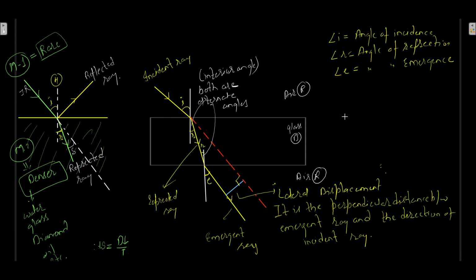Okay, so two observations you can easily see here. What observations can you get from lateral displacement? First one: the emergent ray is parallel to the direction of the incident ray.